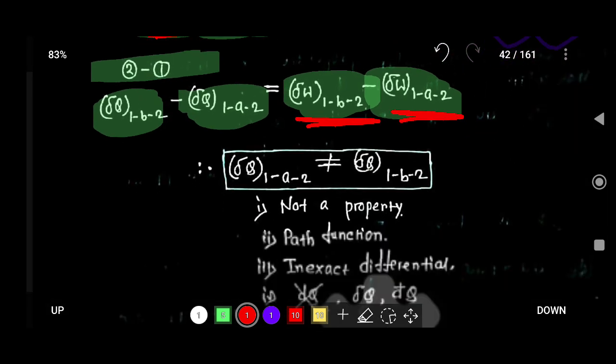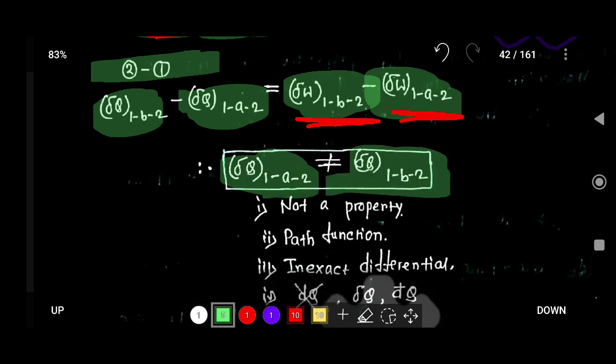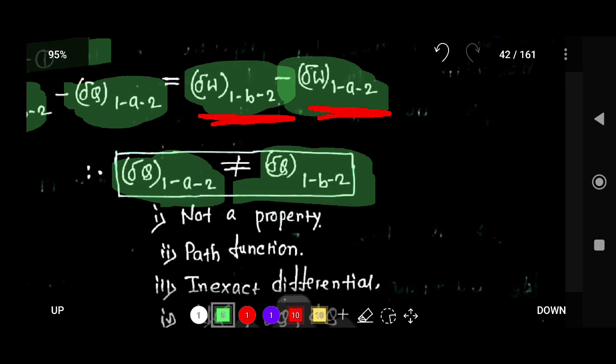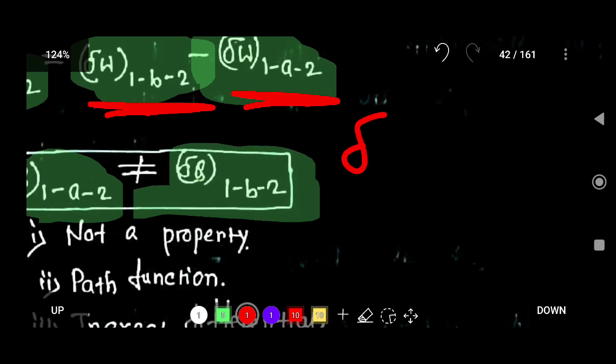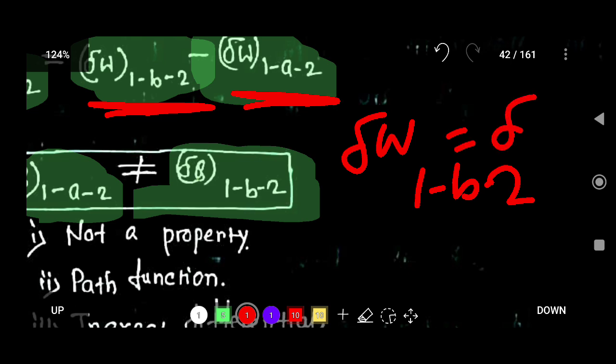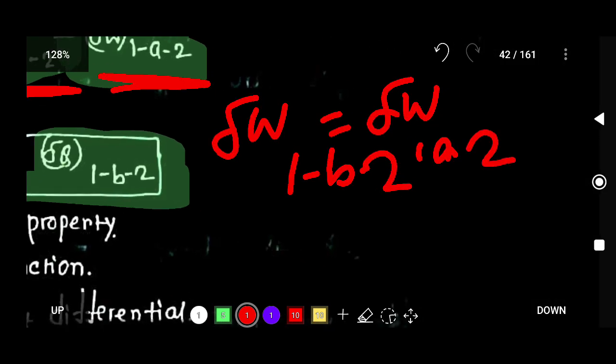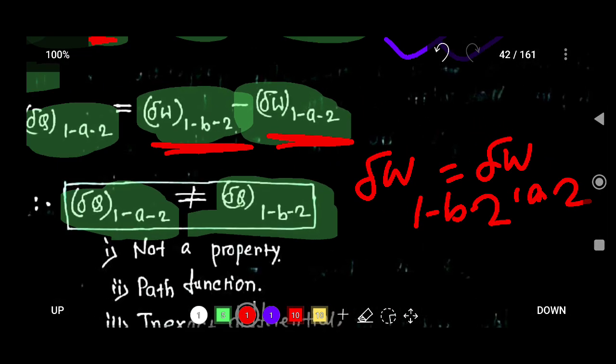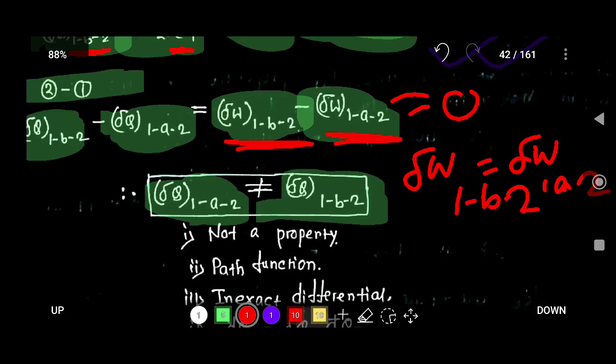If del w1b2 were equal to del w1a2, then the difference would be 0, and they would be equal.